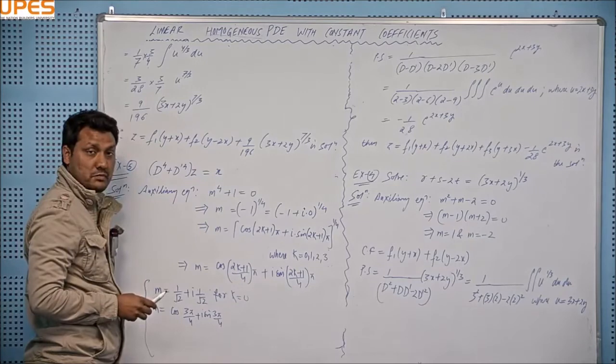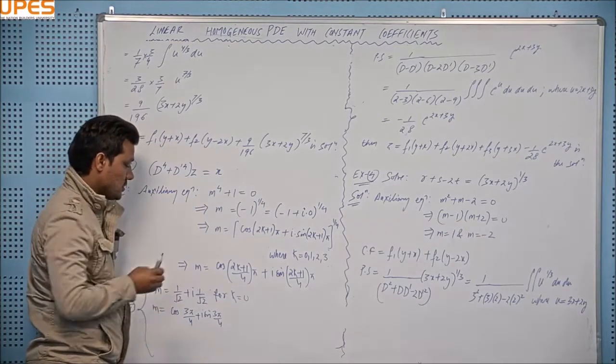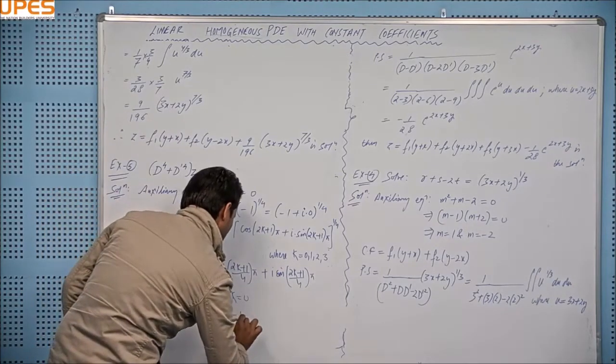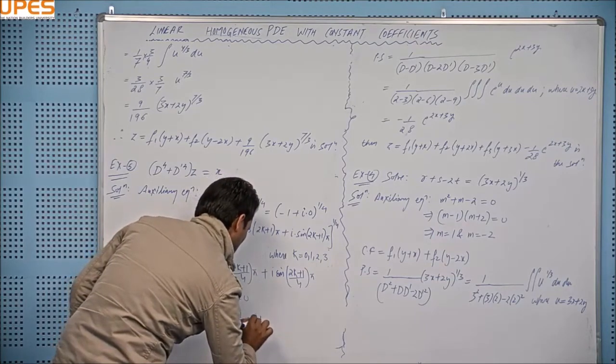Pi by 4 is 45 and multiplied by 3, yeah, second quadrant. And in second quadrant, cos is negative, sin is positive, so the answer will be minus 1 by root 2 plus eta 1 by root 2.